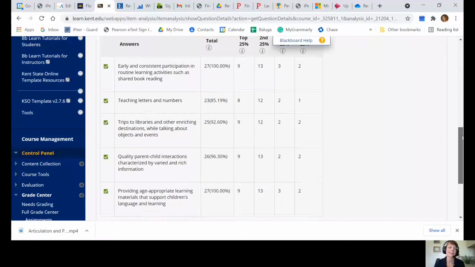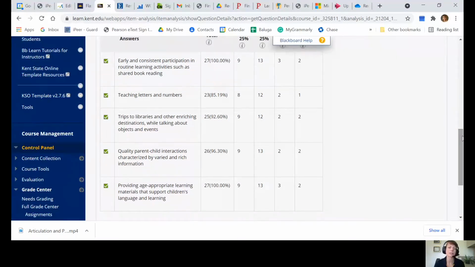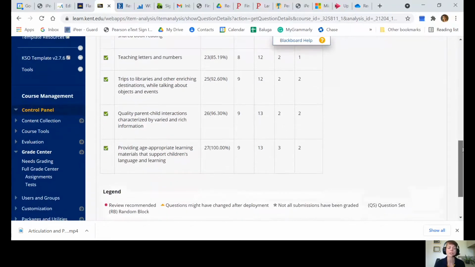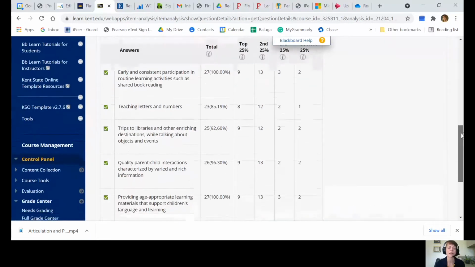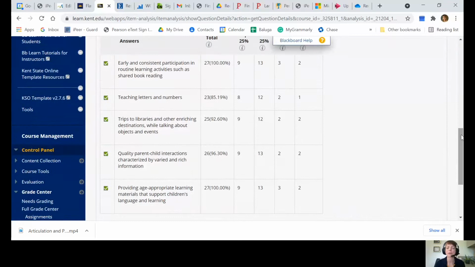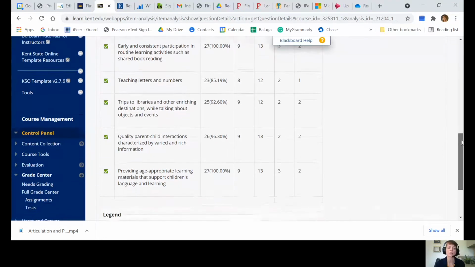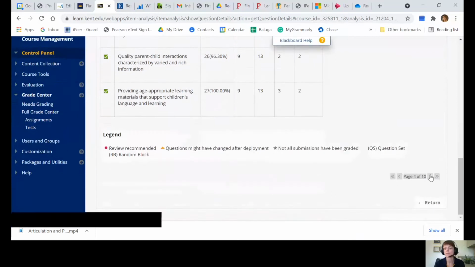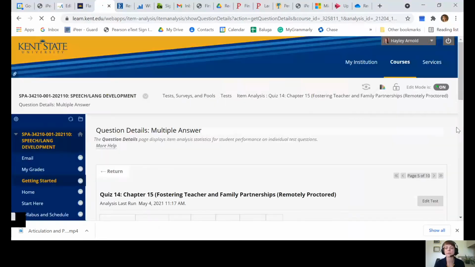So things like early and consistent participation in routine learning activities such as shared book reading, teaching letters and numbers, trips to libraries, and other enriching destinations while talking about objects and events. Quality parent-child interactions characterized by varied and rich information, providing age-appropriate learning materials that support children's language and learning. So all are supported by evidence.